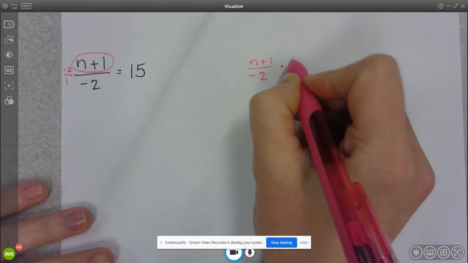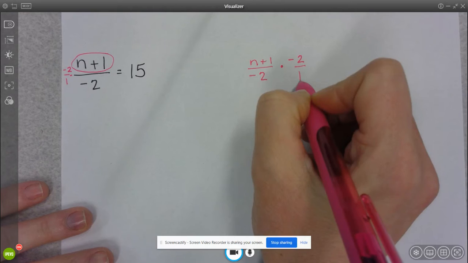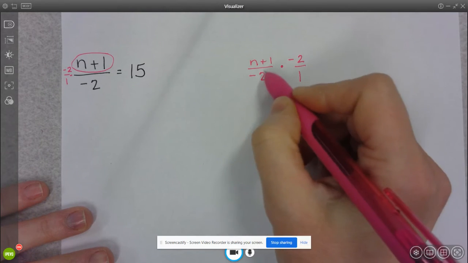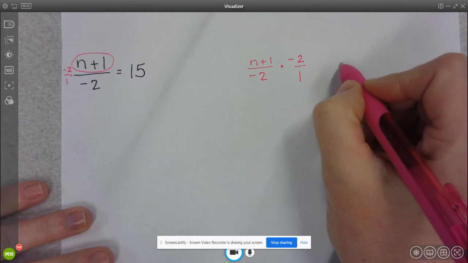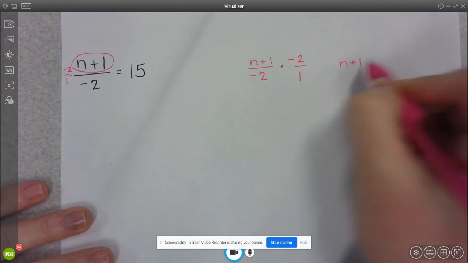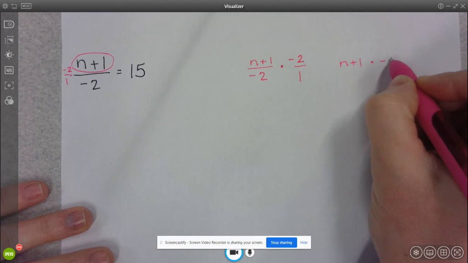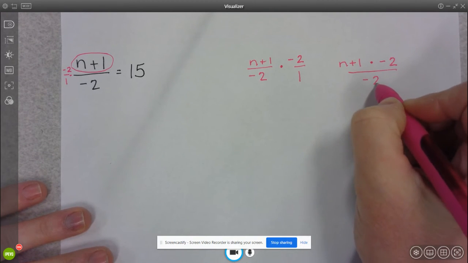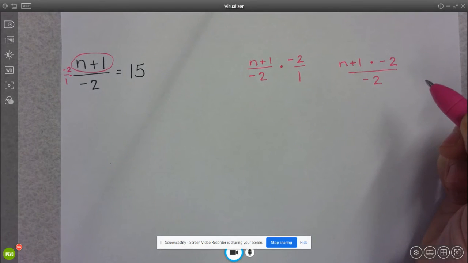When I multiply that by -2 over 1, what this is really telling us is I have this thing, n plus 1, and I'm going to multiply it by -2, and then it's also going to be divided by -2.